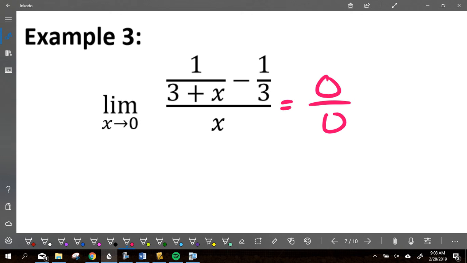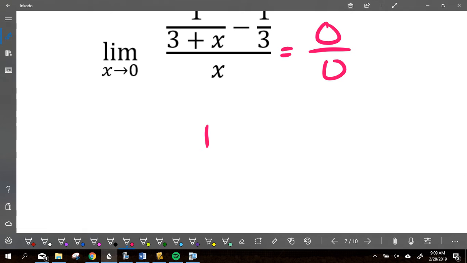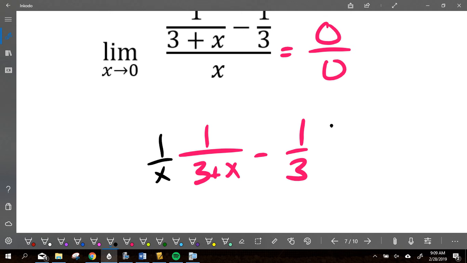I don't like a fraction over a fraction, so I'm going to get rid of that other fraction pretty quickly. If it's divided by x, it's the same thing as taking that top fraction, 1 over 3 plus x, minus 1/3. And if it's divided by x, it's like multiplying both of those fractions by 1 over x. That's the same thing, just written in a different way.